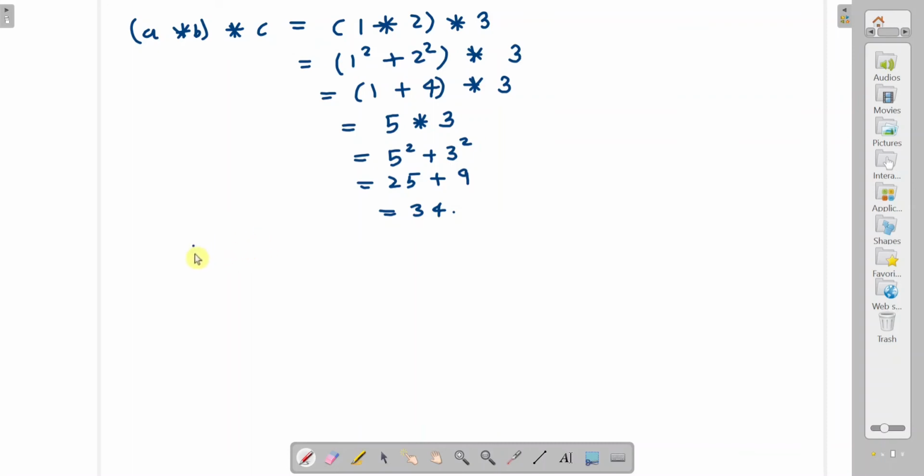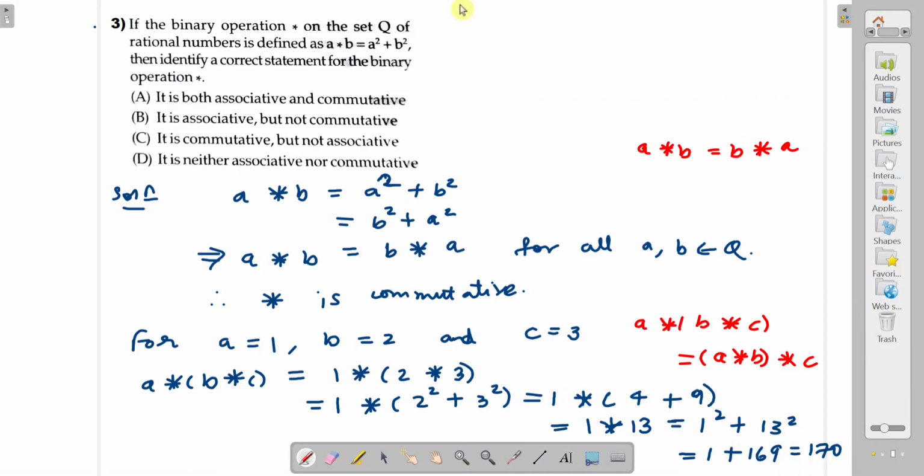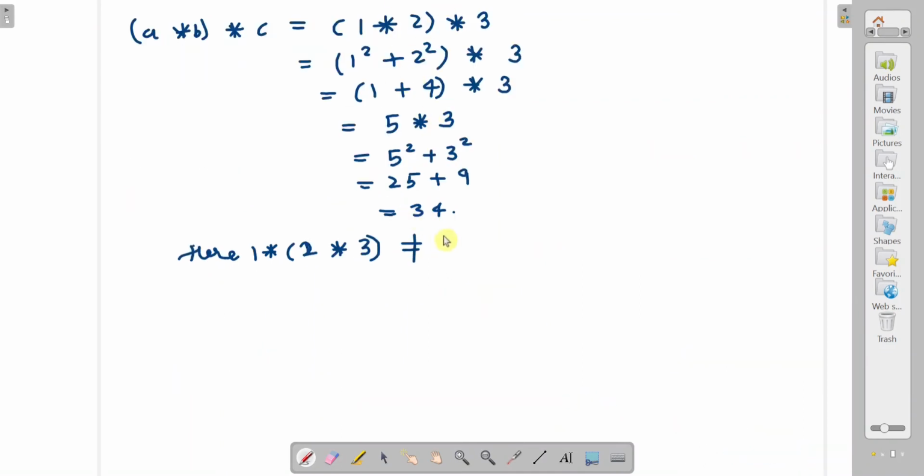So here we are getting that 1 star bracket 2 star 3 is not equal to bracket 1 star 2 bracket star 3, because here it is 170 and here we are getting 34.